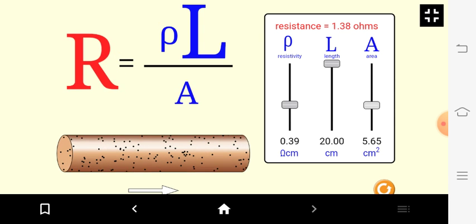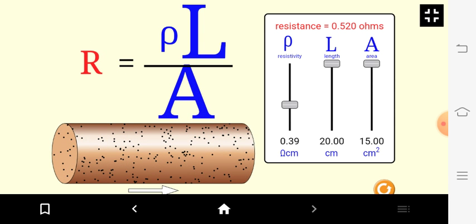So resistance will also change accordingly. Second factor is temperature. If temperature increases, atoms will vibrate at a maximum amplitude and the collisions will also increase. So temperature, area of cross section and length are the three factors on which resistance depends.